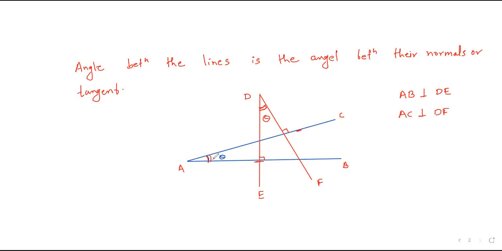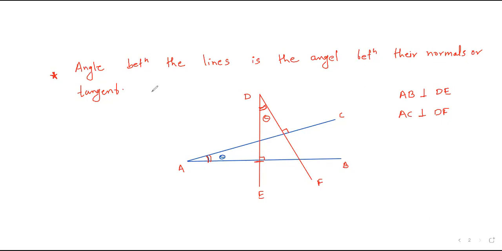So if the angle between AC and AB is theta, then the angle between D and DF is also theta. This is important, so I will mark a star over here. You must remember this theorem. It is a very important theorem which we will require in applied mechanics every now and then.